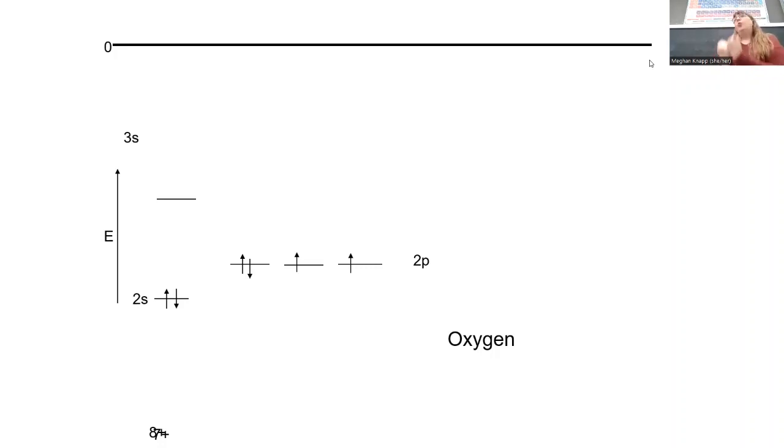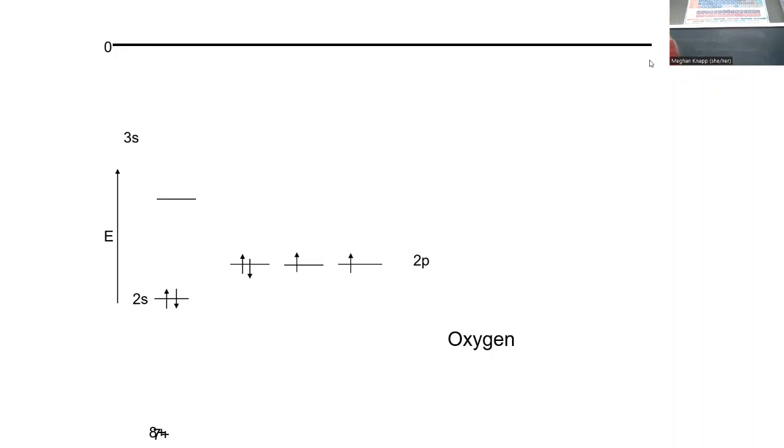So even though the orbital is lower in energy, we end up getting a little bit of energy back because of the pairing energy, because the electrons don't want to be together. It should take more energy to kick one out, but because these 2 brothers are fighting over whose side of the room is whose, it's a lot easier to kick out one of those electrons than it should be.